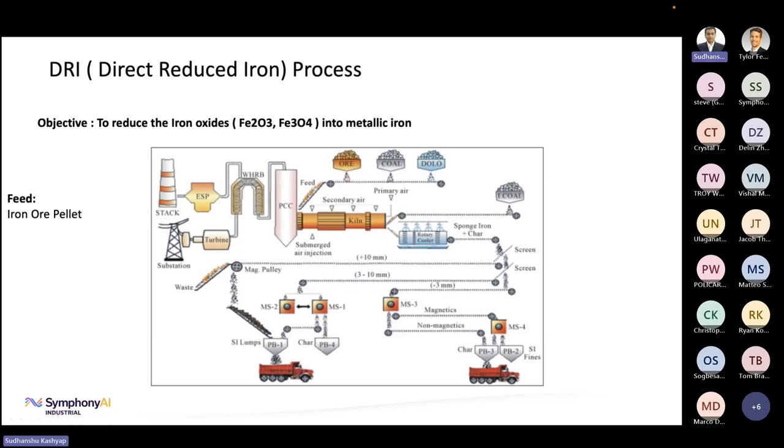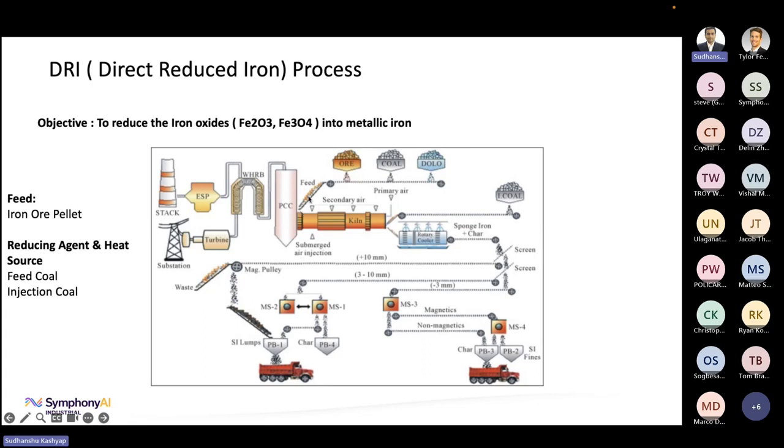The feed to the kiln system is iron ore pellets, in the form of Fe2O3 and Fe3O4, hematite and magnetite. Since the reaction inside the kiln is a reduction reaction, you need a reducing agent, and for that purpose, coal is fed to the feed end of the kiln.